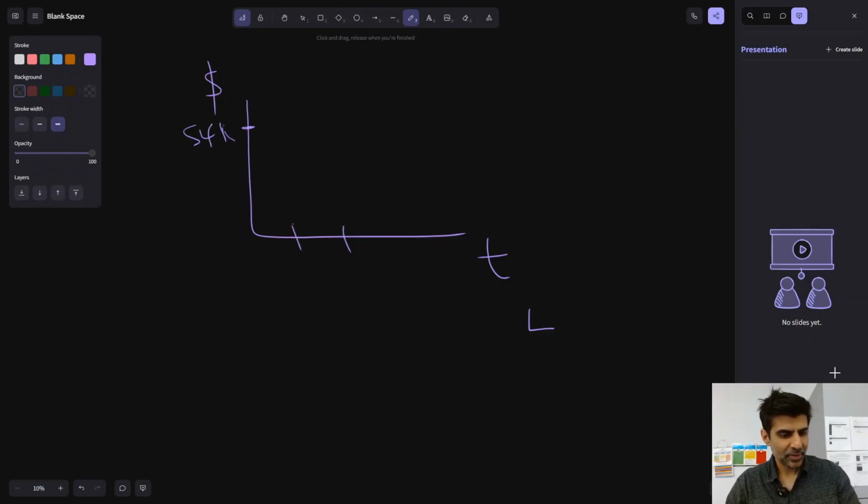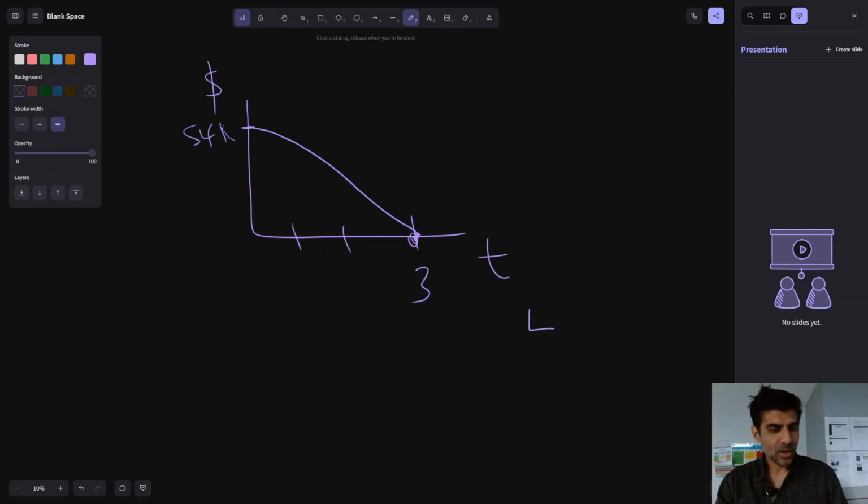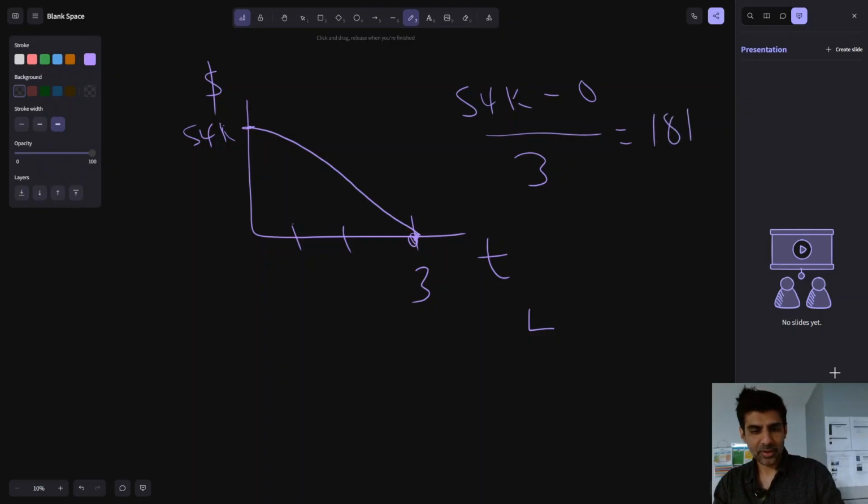At the end of 3 years, it's going to be worth zero. Our residual value is zero. We're going from 54,000 to 0 over 3 years. So we do 54K minus 0 divided by 3 equals what? 18,000 per year.